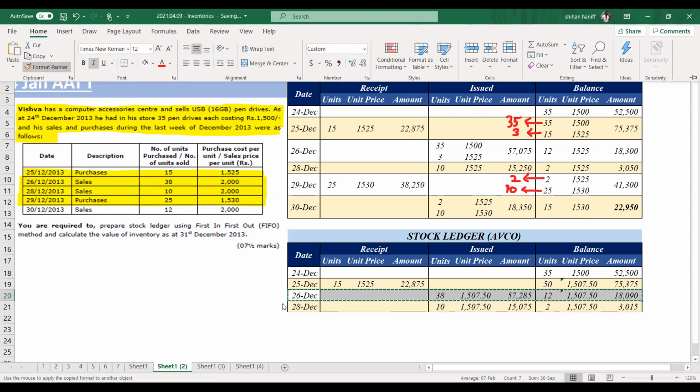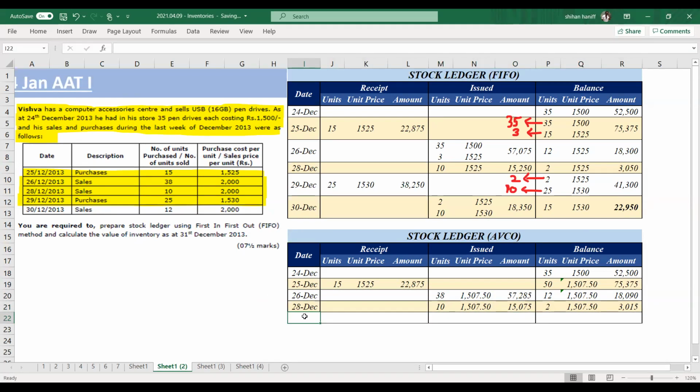Next, after 28, we have 29. Purchases, 25 units, at 1530.